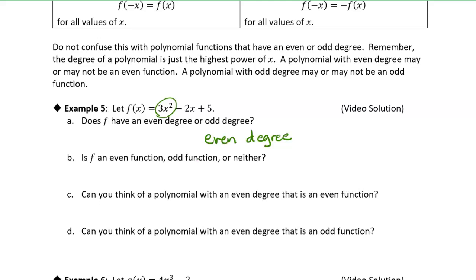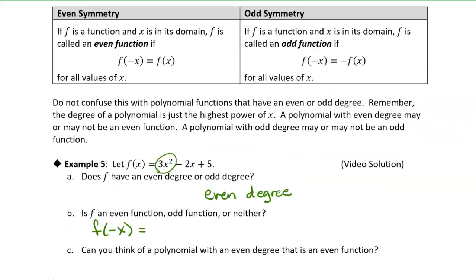And so what we need to do is look at f of minus x, all right? And maybe I can scroll up just a bit so you can see the definition as well at the same time. All right, so if f of minus x is equal to f of x, then it's an even function. And if f of minus x is minus f of x, then it's an odd function, but it could be neither.